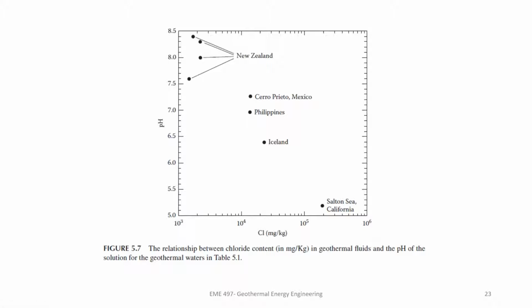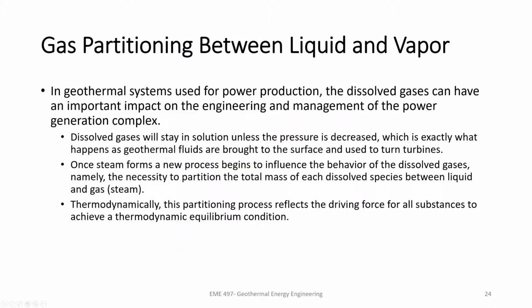Iceland has a pH around 6.4, and the Salton Sea, California has a much lower pH of approximately 5.1. In geothermal systems used for power production, the dissolved gases can have an important impact on the engineering and management of the power generation complex.